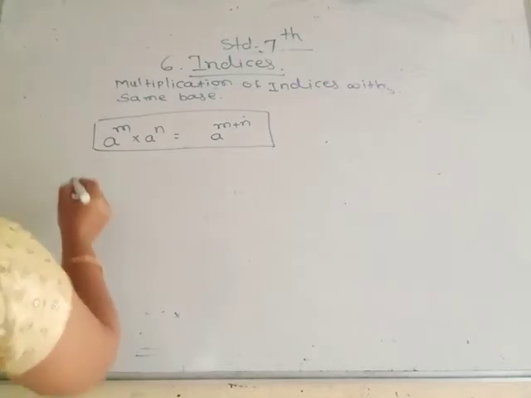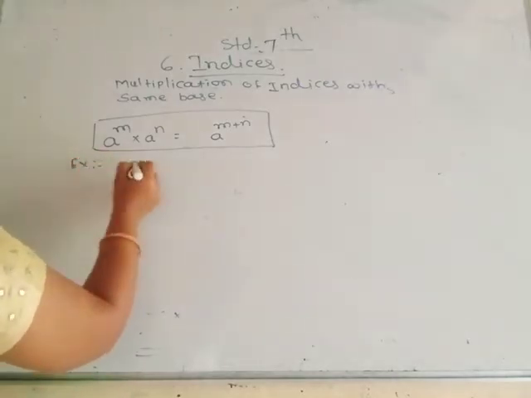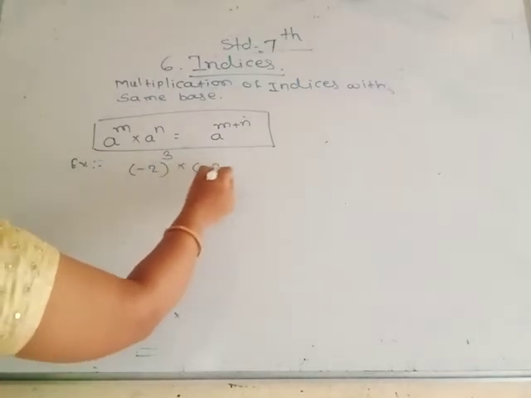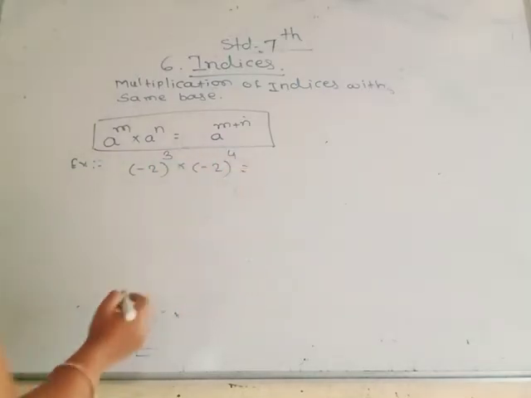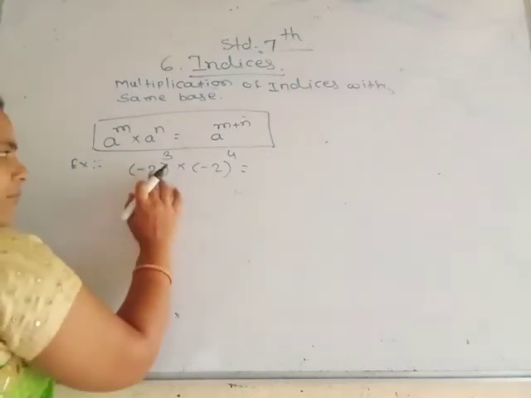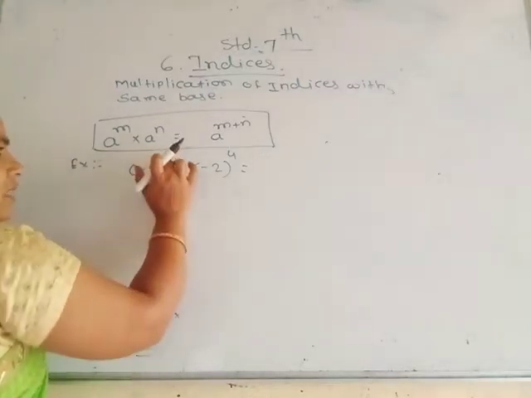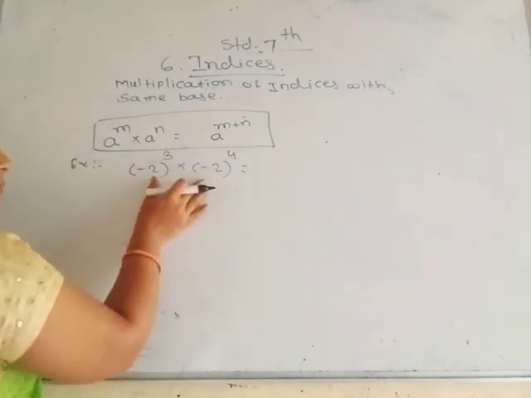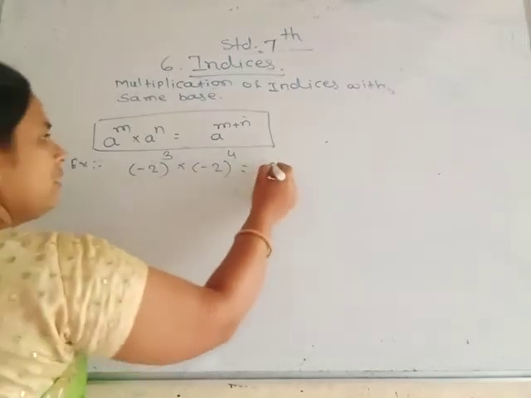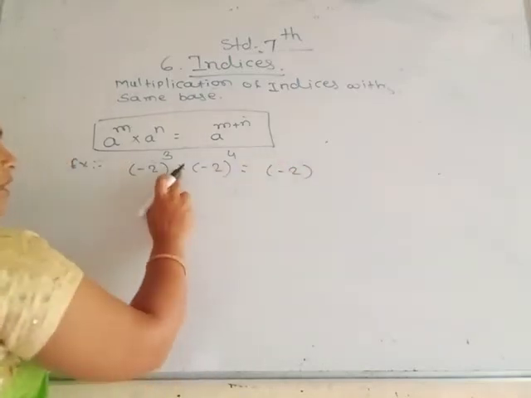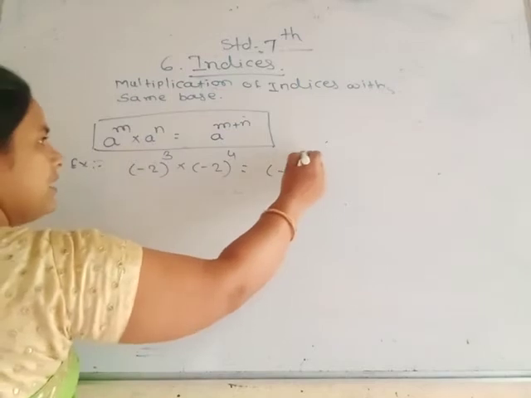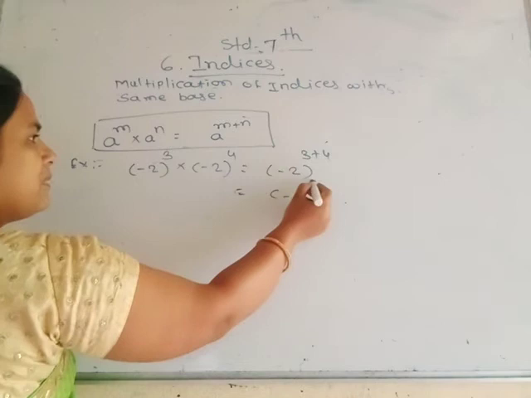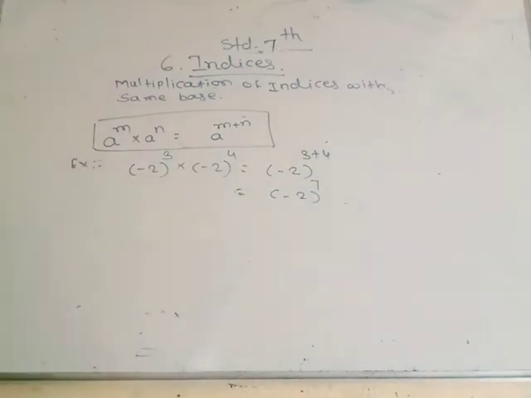See one example. Minus 2 raised to 3 into minus 2 raised to 4. Here the base is the same, minus 2. Then for the product of these two numbers, you add the indices: minus 2 raised to the power 3 plus 4, which is minus 2 raised to the power 7.